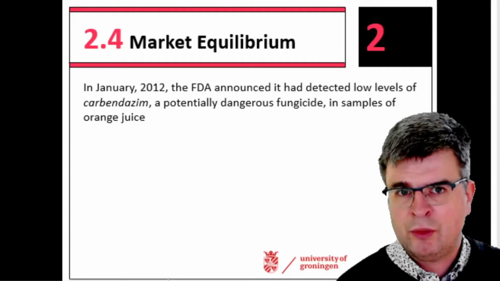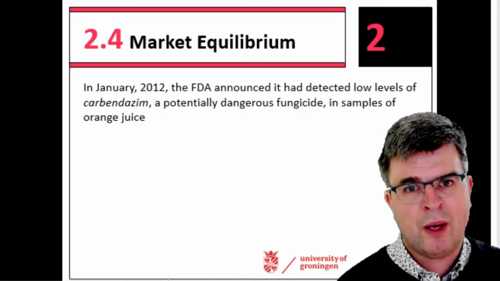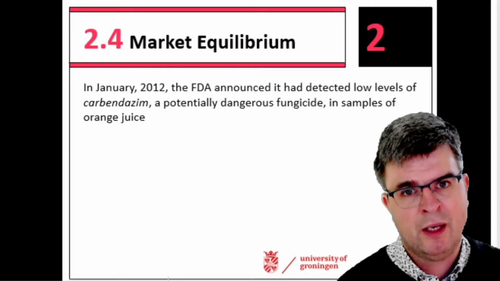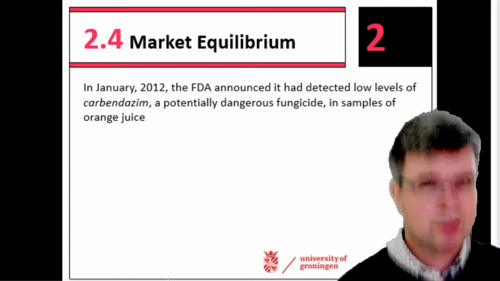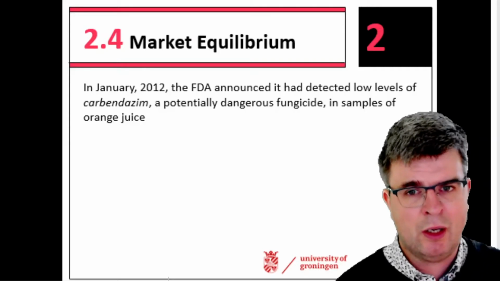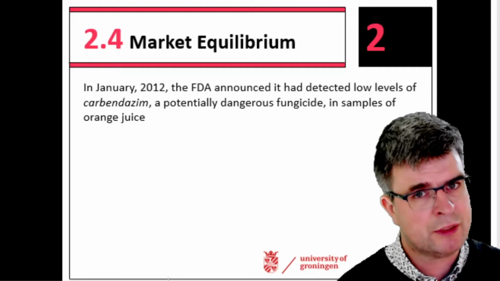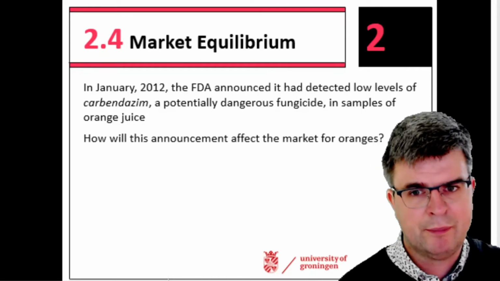And one thing that you often need to do is you have a story like this, and you have to answer the question, what happens to the equilibrium quantity and what happens to the equilibrium price? Now, the first thing that you need to solve is an announcement like this. Does it impact the demand curve or does it impact the supply curve? What would you think?